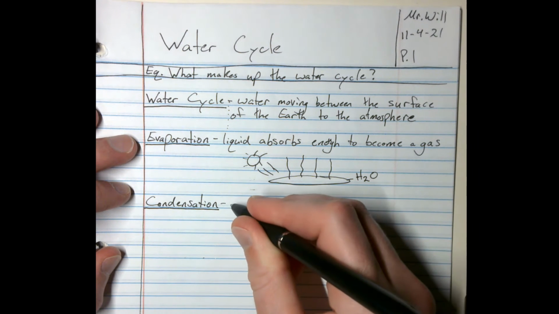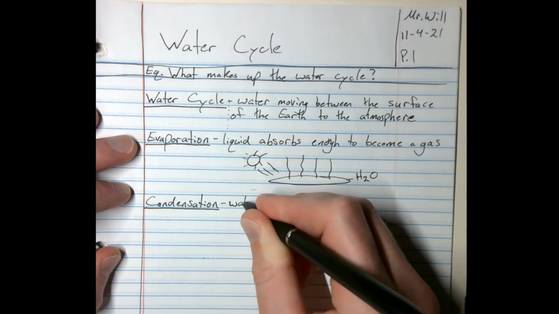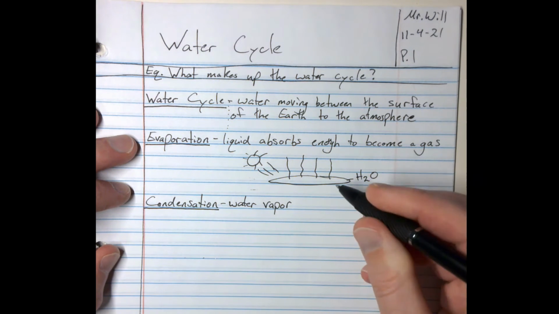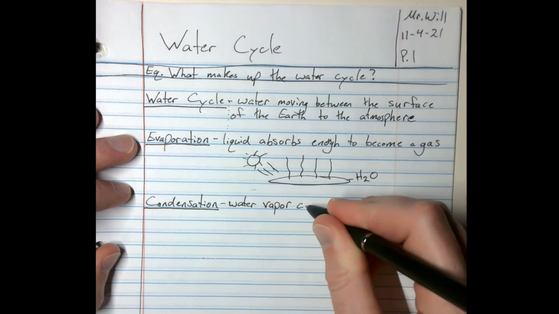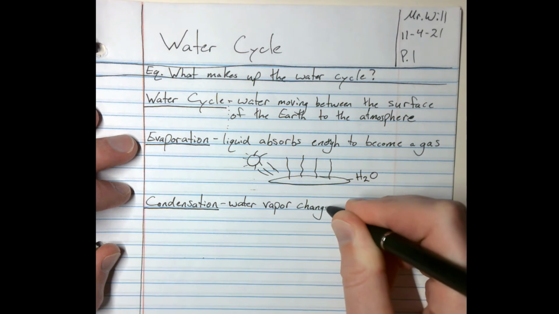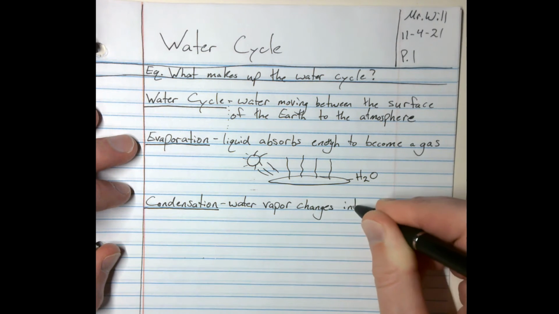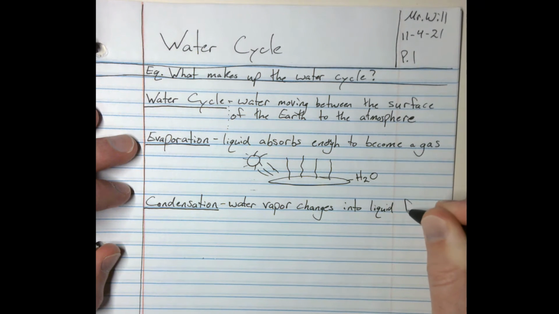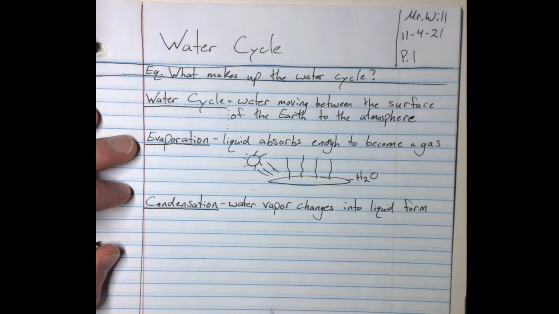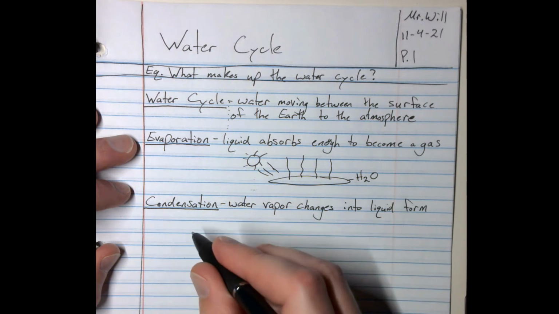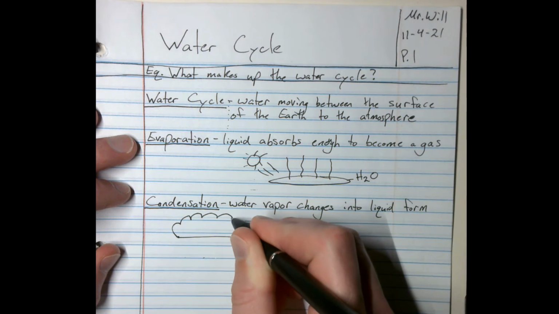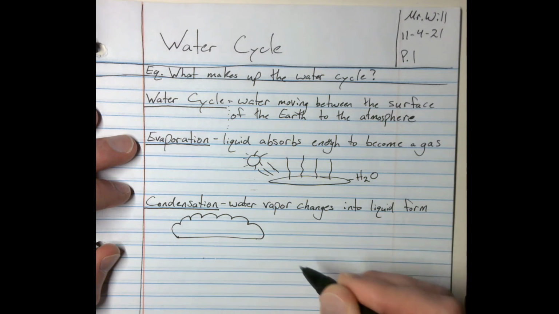So we're going to say water vapor changes into liquid form of water. All right, so condensation. In this case, we could draw a cloud.